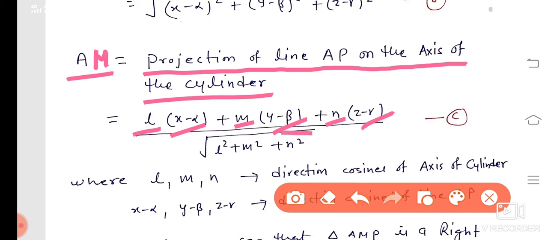In the denominator we write those direction cosines where the projection is coming. So in this case the projection of AP is coming on the axis of the cylinder, and the direction cosines of the axis of the cylinder are L, M, N. So we will write the square root of L squared plus M squared plus N squared in the denominator.